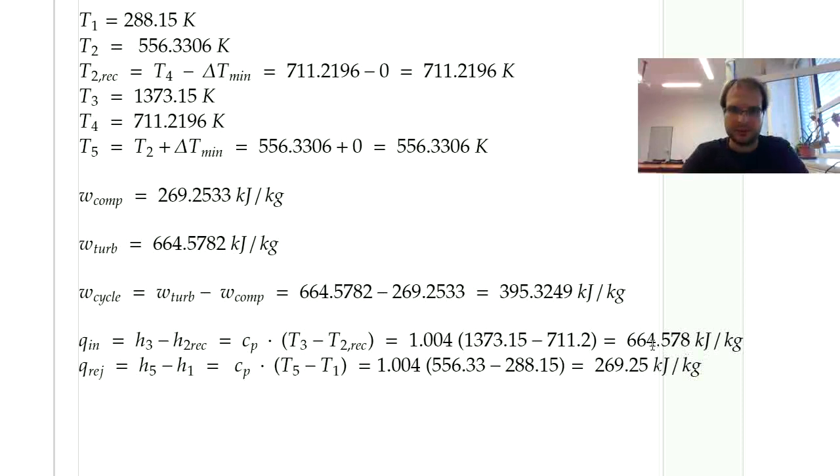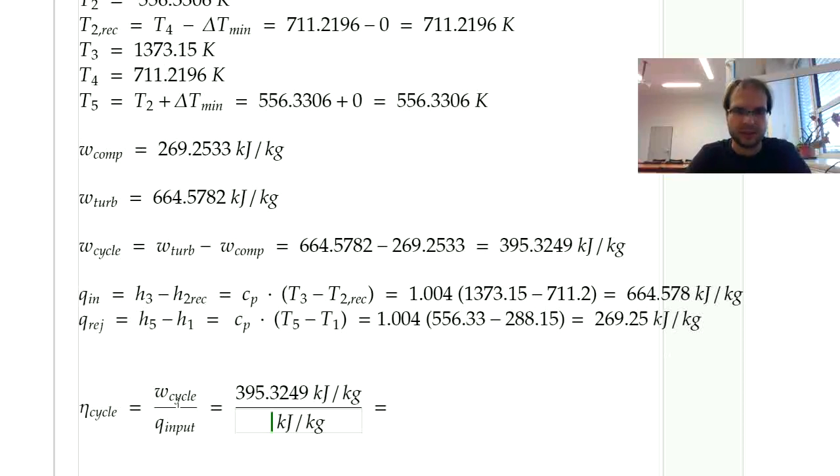So if we compare these values to the original non-recuperated case, the heat input dropped from about 750 kilojoules per kilogram, and respectively the heat output dropped from 490 to 269 kilojoules per kilogram. The work of the cycle, the work of the turbine and compressor remains the same, so it should result in higher efficiency of the cycle.